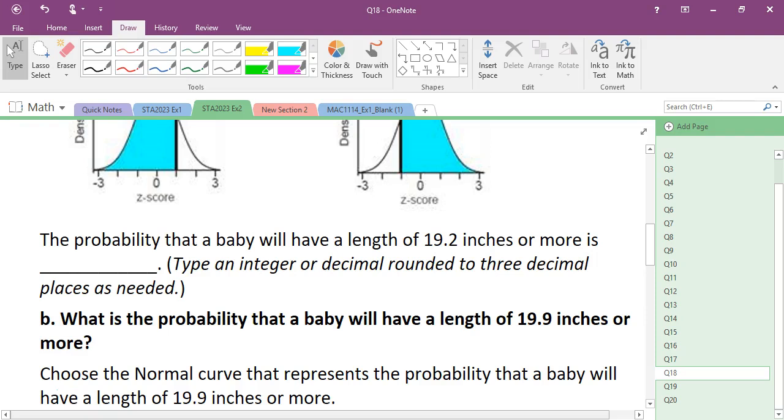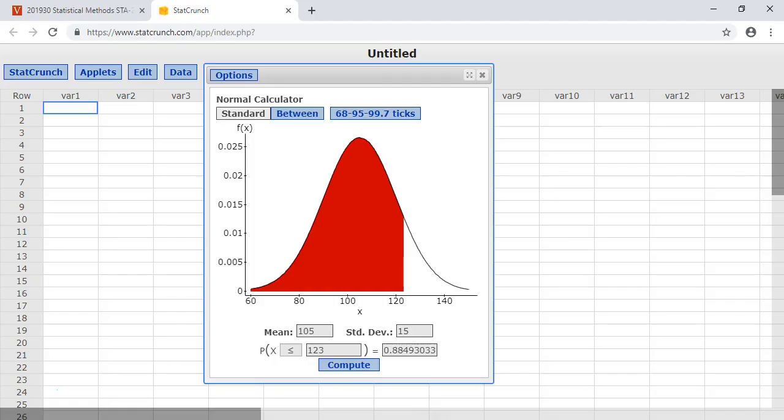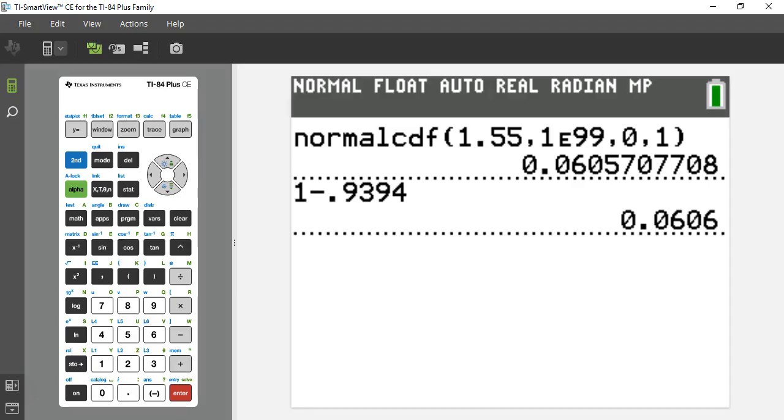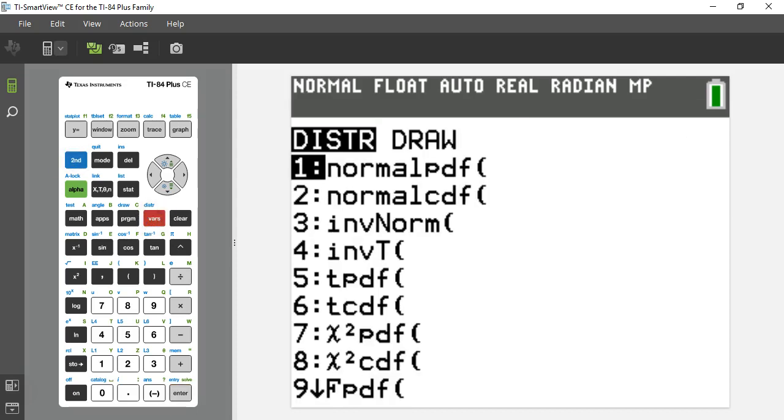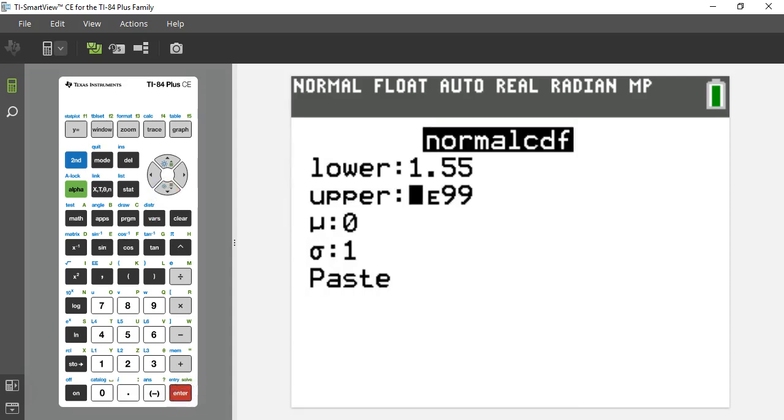Okay, let's do the calculator this time. Oops, wrong one. So again, where are we going to go to do this? Second, vars, and who do we want? Normal what? The continuous, 2. Normal CDF.